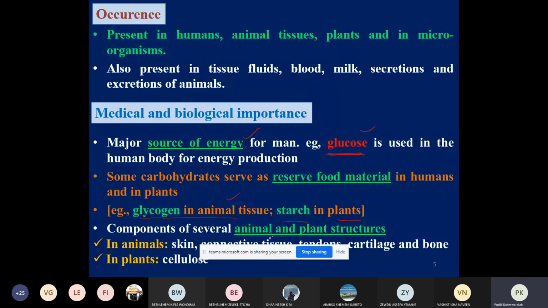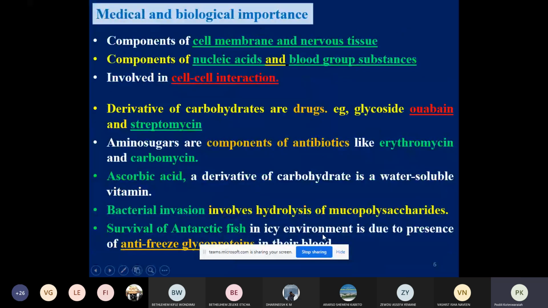In animals, the skin, connective tissue, tendon, cartilage, and bone are all composed of carbohydrate components. We will explain this later when we discuss mucopolysaccharides. And in plants, the cell wall has cellulose. In addition, they are components of the cell membranes.